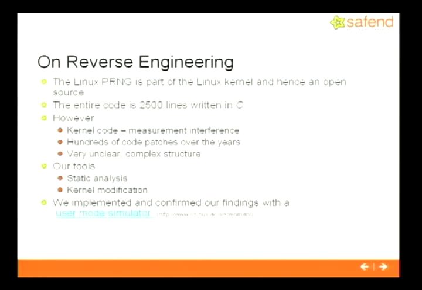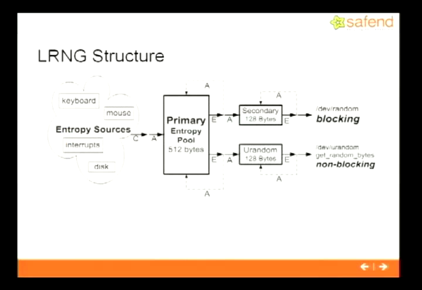So we did both static analysis from the code, some dynamic measurements through changing the code, and to make sure that our findings are correct, we also implemented a complete user mode simulator that you can download and you can run even without the kernel itself. And of course, that was the best way to verify that our findings are correct. So that's about reverse engineering. Here's the structure of the Linux random number generator in short.